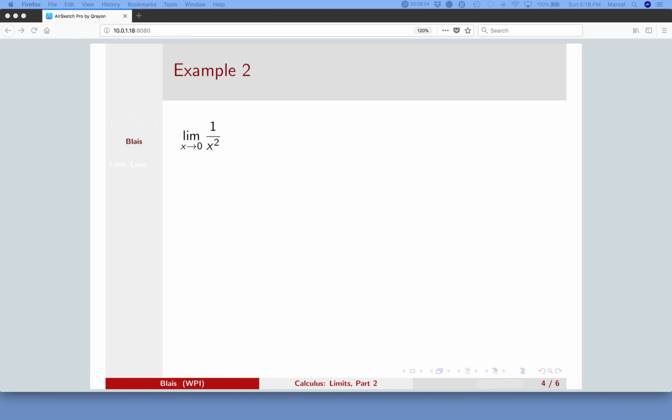Let's look at another type of limit, and let's think about the graph. So the graph of 1 over x squared will have a vertical asymptote at the positive y-axis. And so we know our graph looks like this.